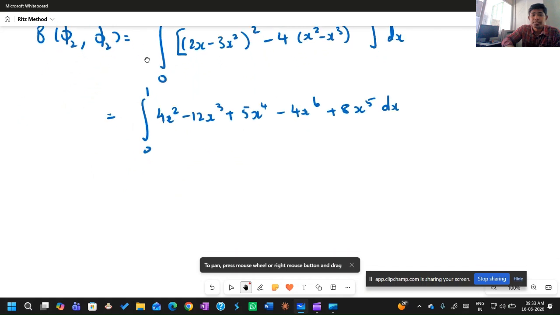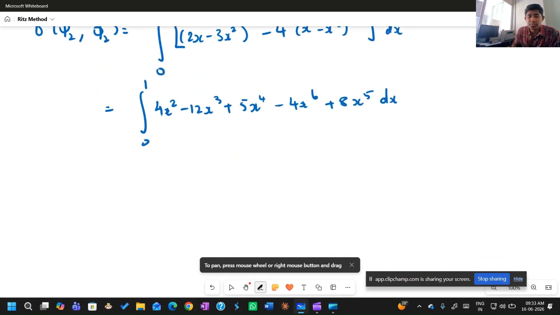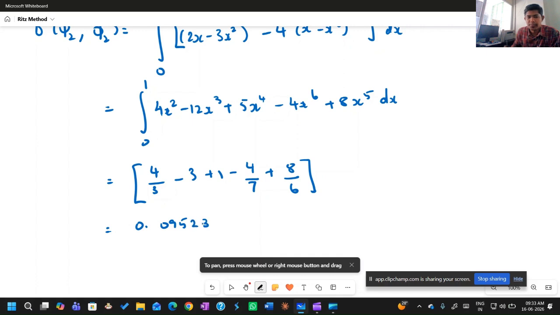And if I substitute the limits, we should be getting 4 by 3 minus 3 plus 1 minus 4 by 7 plus 8 by 6, and that should be equal to 0.09523.